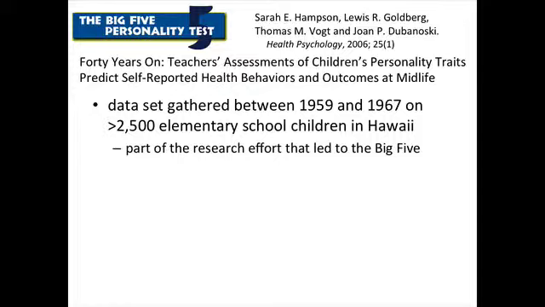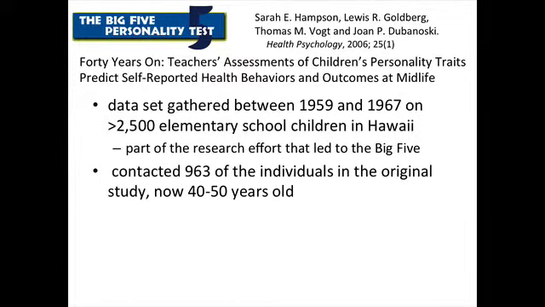Hampson et al. were able to reevaluate the original data using only those attributes that later became part of the Big Five assessment. They were then able to contact 963 of the individuals in the original study, who then were between 40 and 50 years of age. They gathered data from these adult subjects on a range of health behaviors and health status indicators.